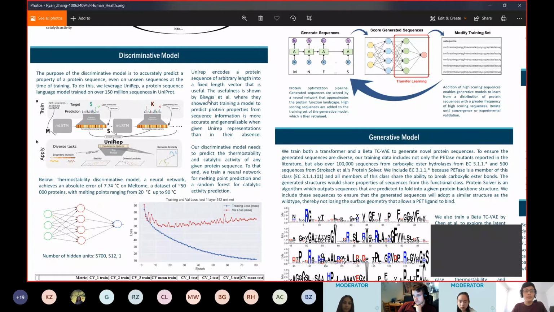From Alley et al.'s work on UniRep, they took over 100 million sequences in the UniProt knowledge base and trained a multiplicative LSTM, which is basically a recurrent neural network architecture. It takes a variable length sequence and converts it into a fixed length vector, which is what we want here.